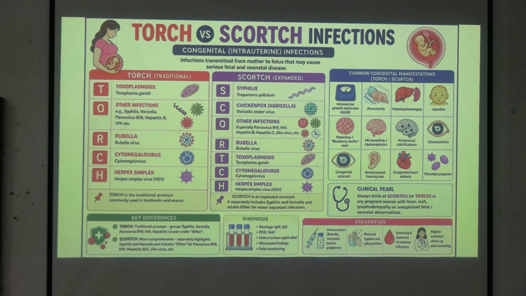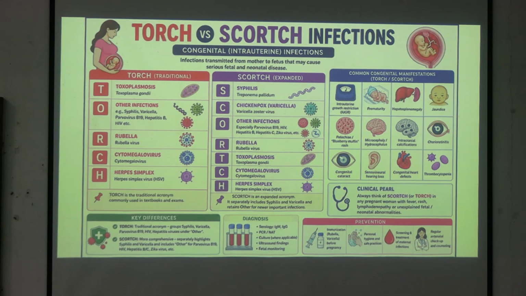Now I was talking about something called SCORCH. It's a very new terminology. It may not come in the exam, but I think you should know because in many places this TORCH is being replaced or overemphasized by a new term called SCORCH. SCORCH is nothing but they have split syphilis and varicella into a separate group.